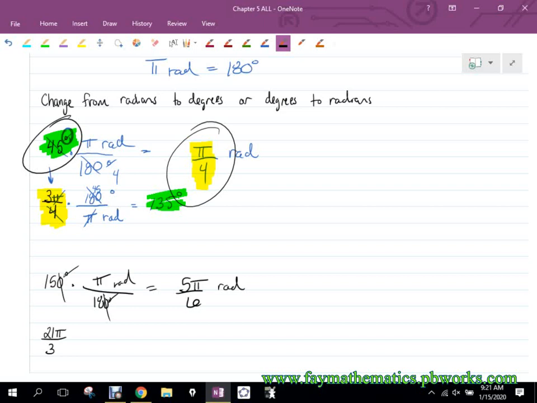But some of them, like 21 pi over 3, you're not going to know. The degree measurements we are going to be very comfortable with eventually are multiples of 30: 30, 60, 90, 120, 150, 180, 210, 240, 270, 300, 330, and 360.